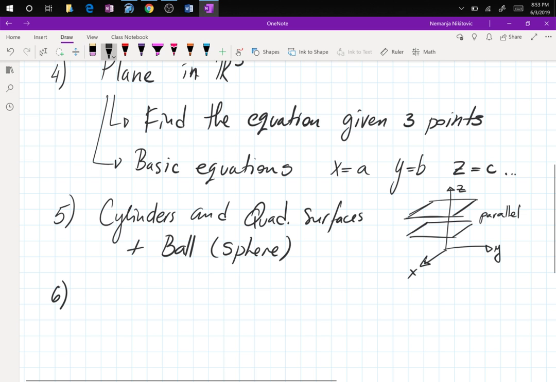But once you see the equation, you must have the skill of eliminating one of the dimensions one at a time, and realizing what shape you have in that two-dimensional intersection.